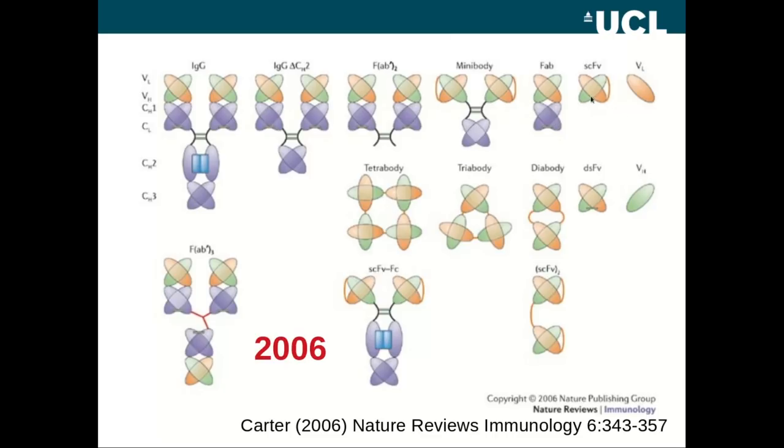We could just have a VL by itself if that has enough binding ability. We just have a VH by itself. And this is sometimes known as a mini body because, in fact, camels or camelids, so llamas as well, actually have ordinary antibodies, but they also have antibodies that are formed only of heavy chains.